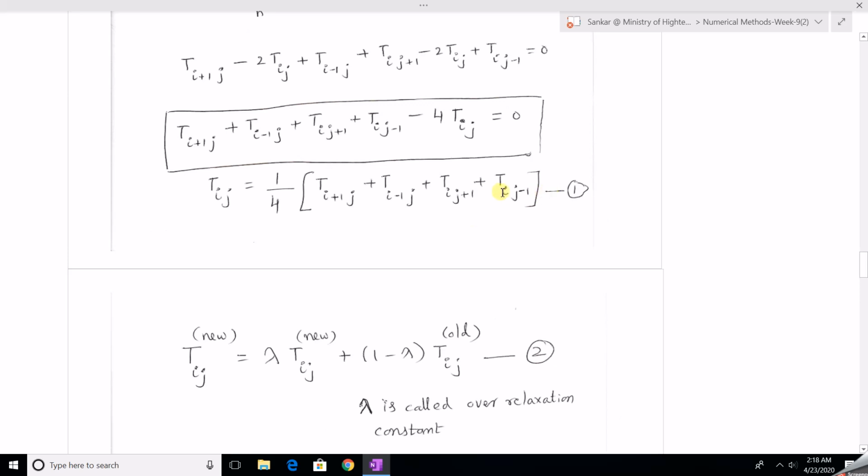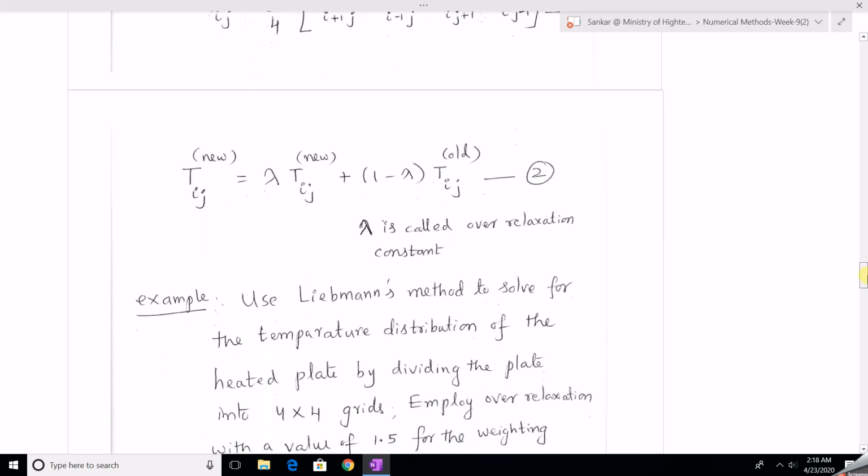So the two formulas we have to use are this one to find the temperature, and after that, to find a better approximation, Tij new equals lambda Tij new plus (1 minus lambda) Tij old, where lambda is called the over relaxation constant. This will be given in the problem. Using this lambda, we find a better approximation for the temperature at an intermediate point of the plate.